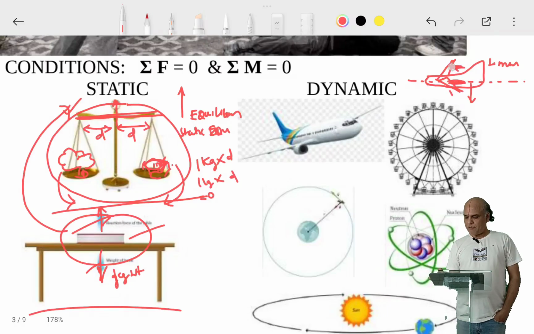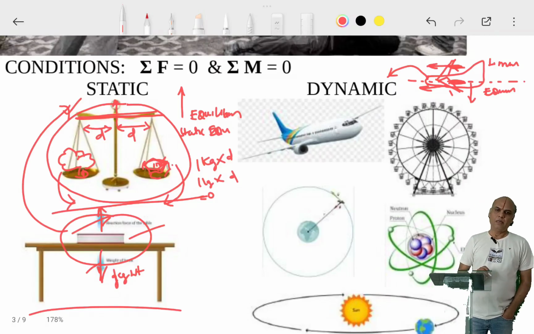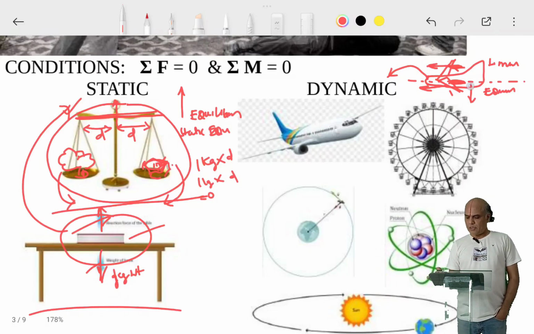There will be engines that are fired, which propel the aeroplane in the forward direction. Under the action of several such forces, the aeroplane is in equilibrium because it continues its motion without any turbulence. So this is an example of dynamic equilibrium. Here the sum of all clockwise and anti-clockwise moments will be 0. That is the reason why there is no change in the state of motion.